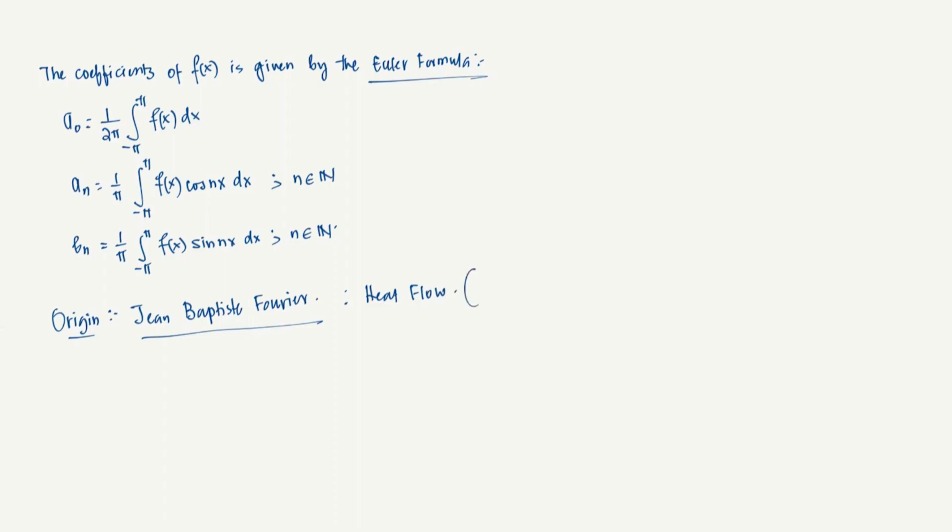To solve the heat equation, he formulated the notion that most of the functions you can think of, of course periodic nice functions, can be decomposed using nicer, simpler functions. So for the heat flow problem, he proposed the idea of Fourier series. So that's the origin. And this was done in the early part of the 19th century.